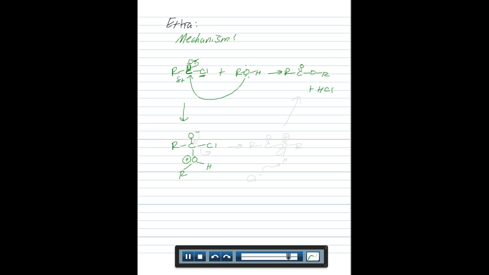Then this pi bond reforms and kicks out your chlorine. And then your Cl minus comes by and plucks off that hydrogen to form your ester and your hydrochloric acid.